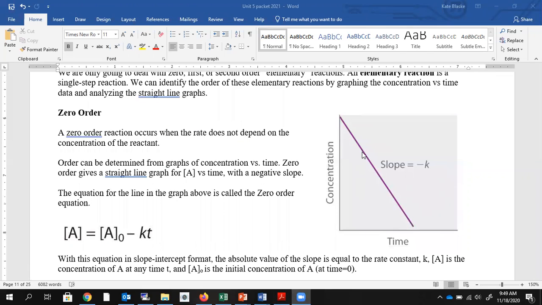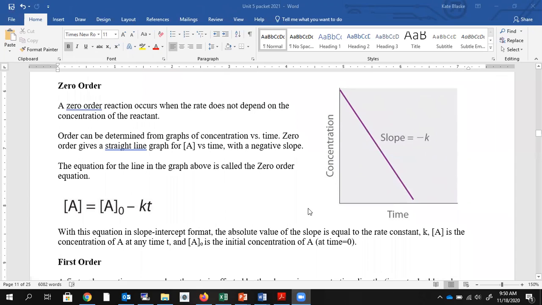The rate, which would be the slope, is not going to be changing at all depending on the initial concentration of that reactant. So for a zero order reaction, we can graph concentration versus time and get a negative straight line slope. And that slope is actually our K value, our rate constant.